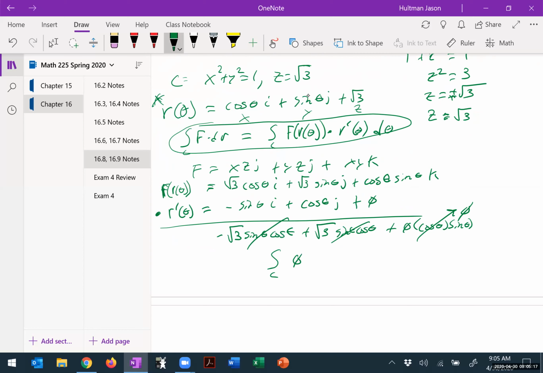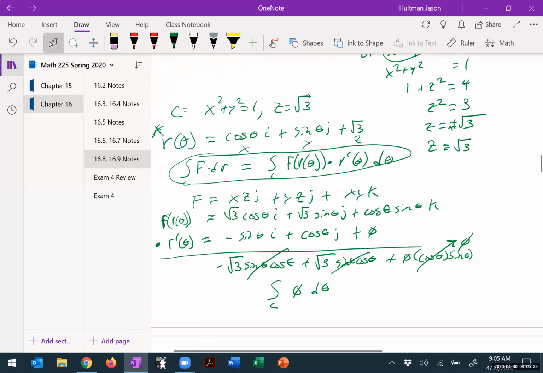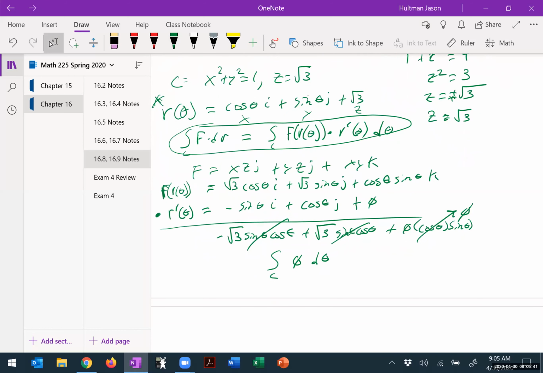d theta. But what's our parameter on theta? What is theta allowed to be? If we parameterize this as r of theta equal to the unit circle, then theta is allowed to go one cycle around the unit circle. So c in this case is 0 to 2 pi.